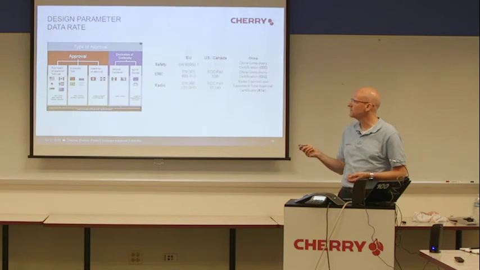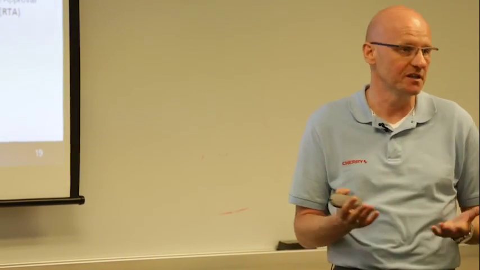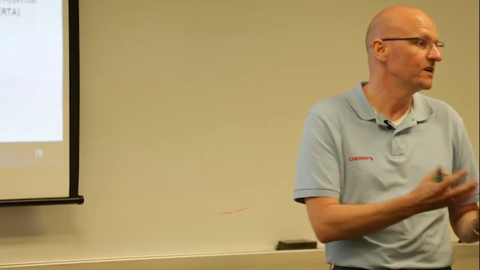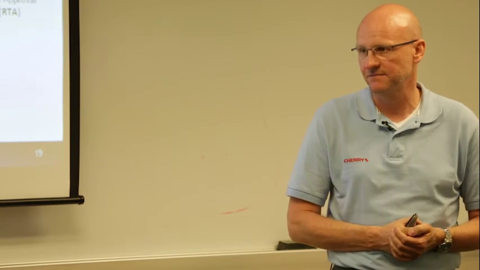For example, currently we are going through the approval in China, and in parallel we have a question from a customer in Australia, who wants to know if he can sell the product in Australia, and we have to say, no, you can't. You have to ask for a special approval in Australia.